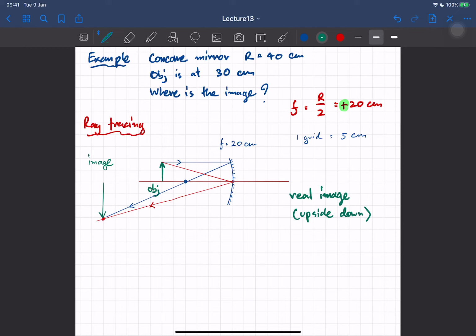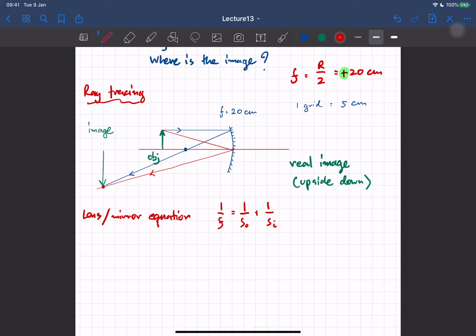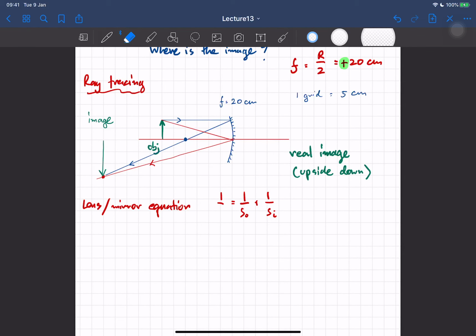So let's try that. The lens mirror equation: 1 over F equals 1 over So plus 1 over Si. 1 over F is 1 over 20.